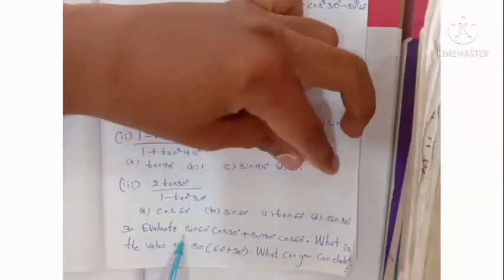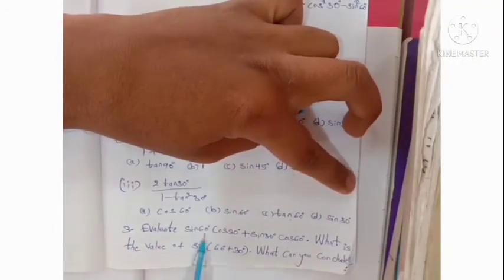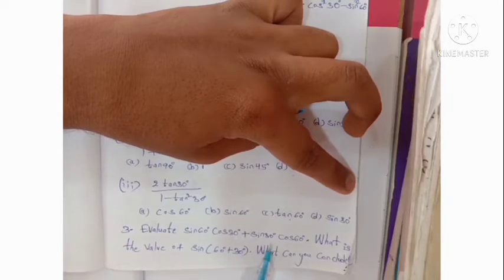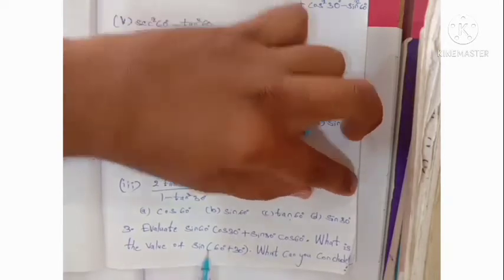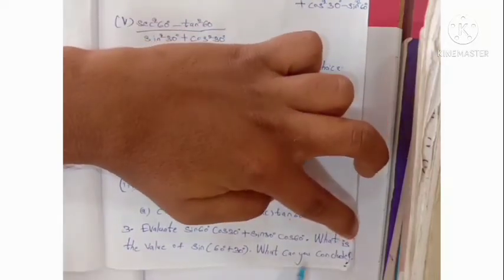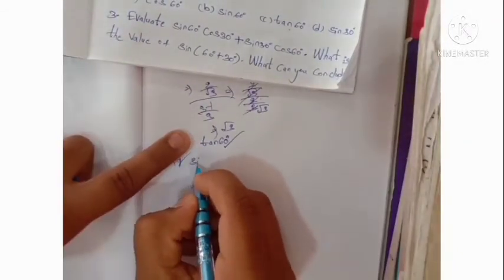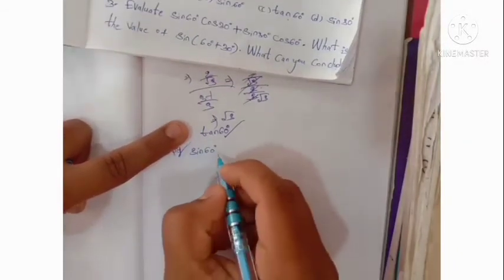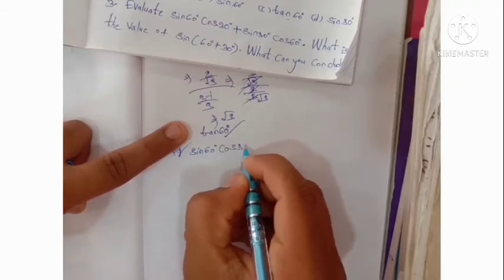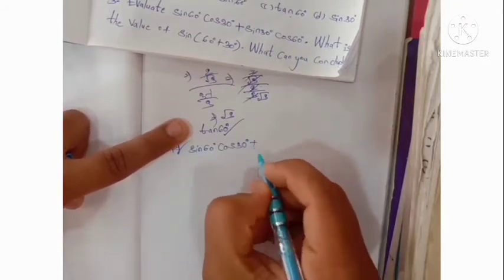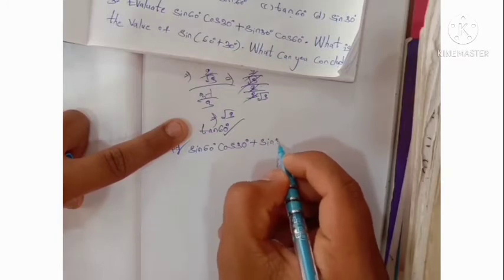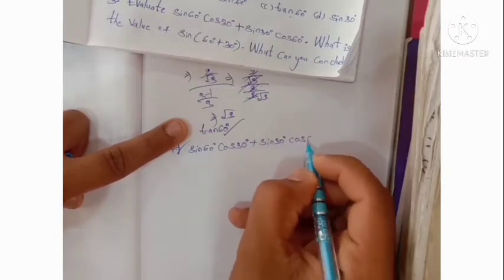Okay. Then evaluate sin 60 into cos 30 plus sin 30 into cos 60. What is the value of sin 60 plus 30 degrees? What can you conclude from this? Okay. What is given? Evaluate sin 60 degrees into cos 30 degrees plus sin 30 degrees into cos 60 degrees.